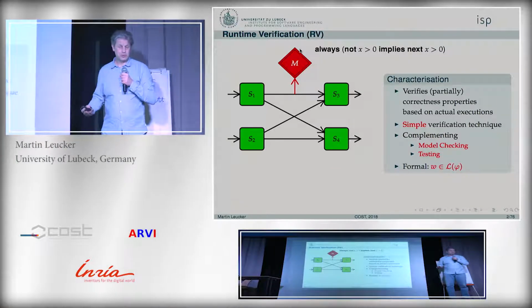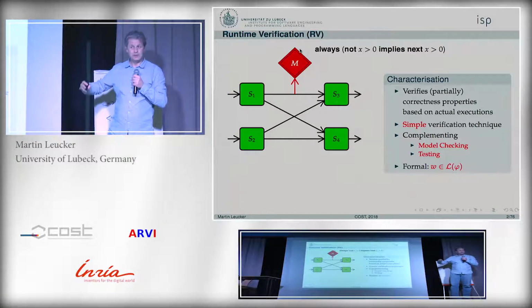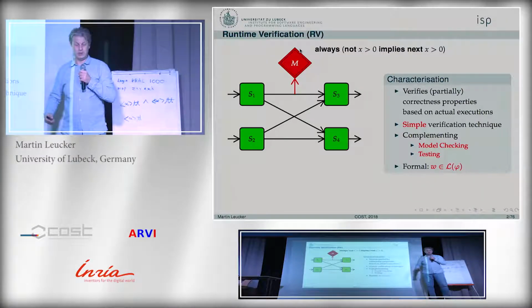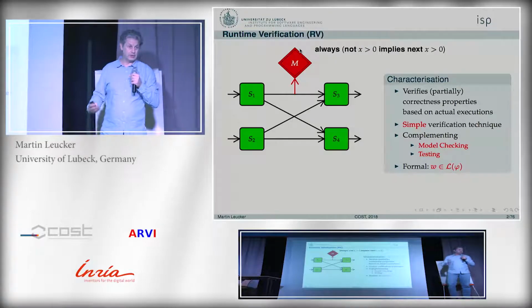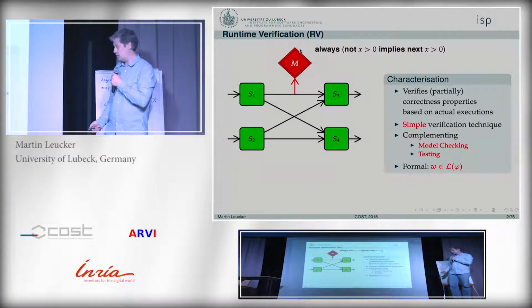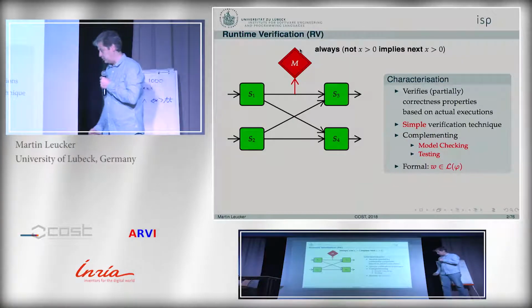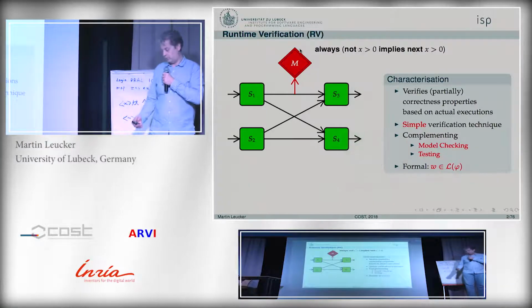Phi describes the correctness property, and it defines a language of all executions, the language of all words that satisfy this property. And the word that we're looking at, this w, should be among those. It should be in the language that satisfies our correctness property. We will change this definition a little bit, but in essence, it's a word problem that we're going to solve.